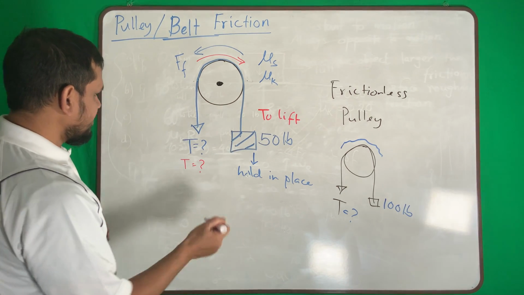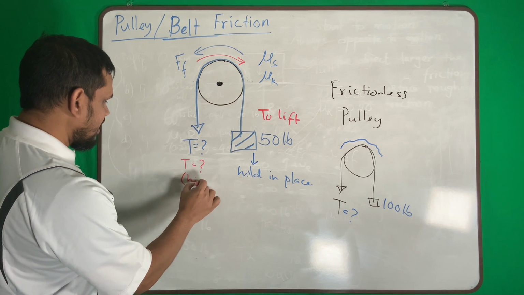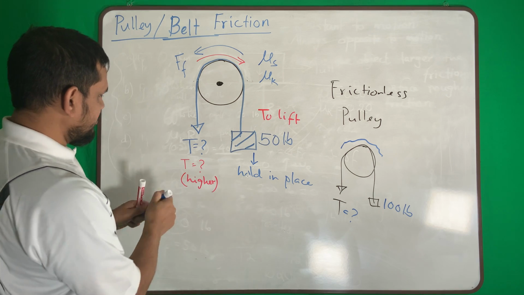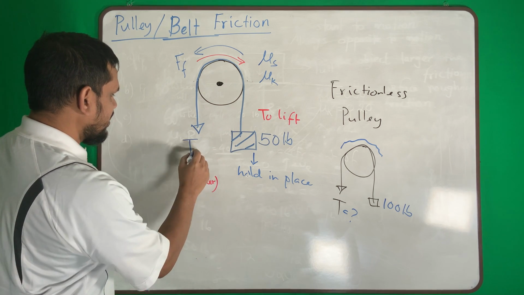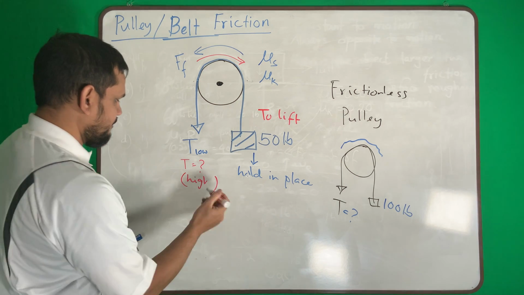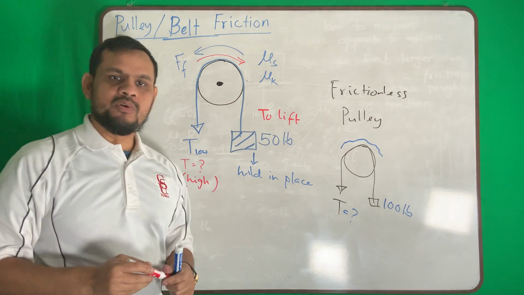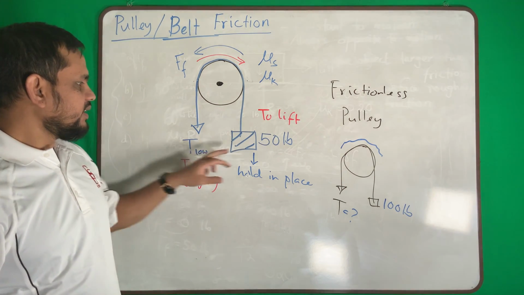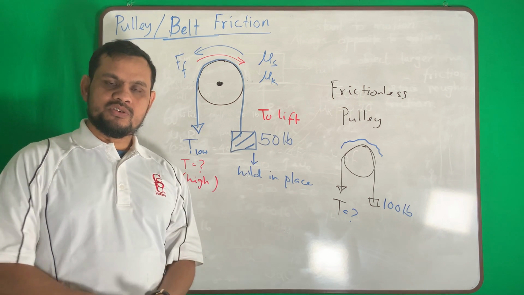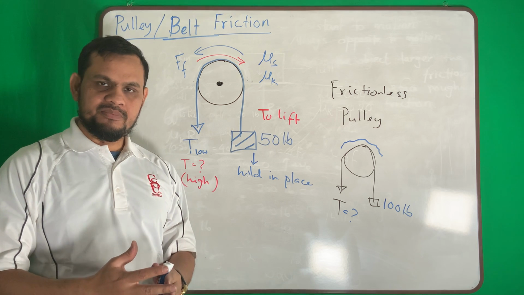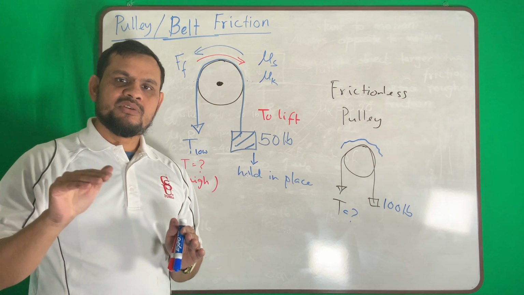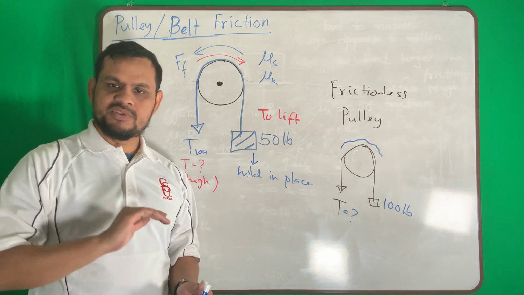So this is high and this is low. Hopefully you understood when this force will be lower or higher; it is all about the motion. When you get this kind of friction problem in a pulley, first find which way your motion is. The frictional force is opposite.